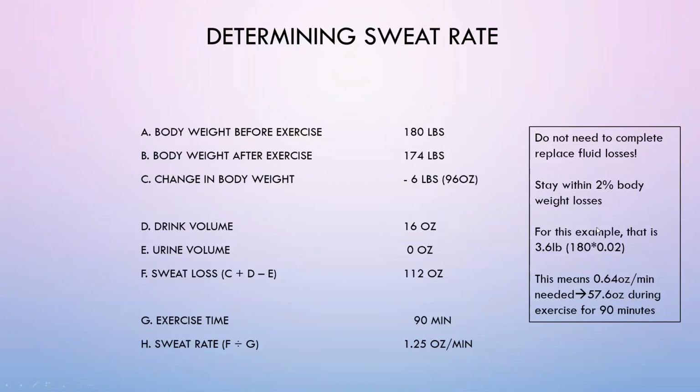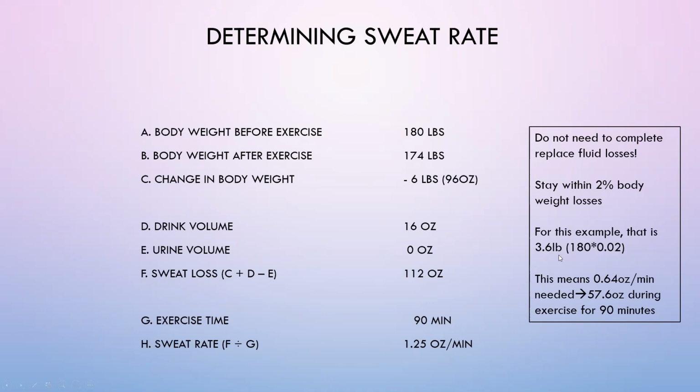So if you have a person, in this current example, that's 180 pounds, and we're trying to stay within a 2% body weight loss, that means maximally they should be losing 3.6 pounds of body mass. And that doesn't really matter what their workout time is, okay?